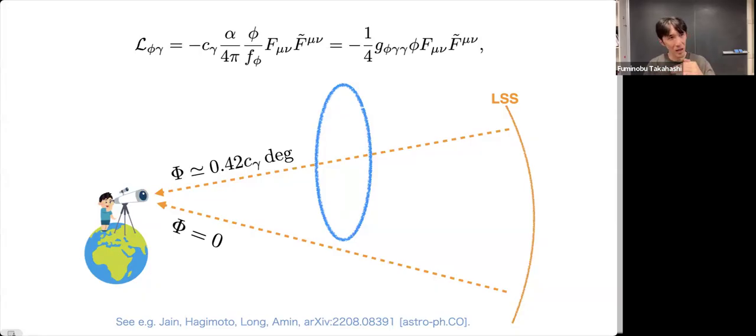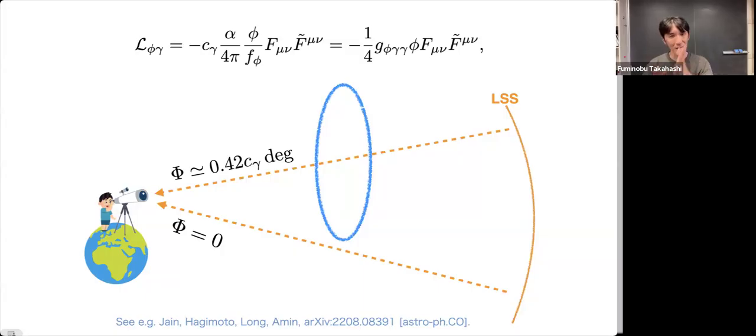It is just below the bound coming from CMB fluctuations, and it is also marginally consistent with the recent pulsar timing array observations. Because these are global strings with heavy tension, their motion can also generate gravitational waves.